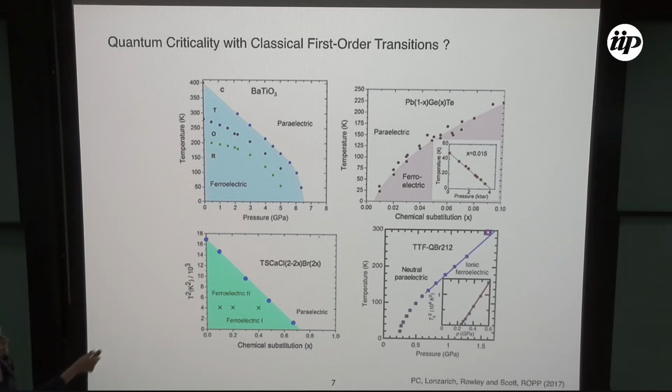So here we have a range of 250 degrees. And because these systems are tremendously lattice sensitive, he tells me that you get the range of temperature for an order of magnitude less pressure than in magnetic systems. So the question that he's been pushing us on is, do we have a theoretical understanding for a compressible system that shows first order classical behavior but seems to indicate quantum criticality?